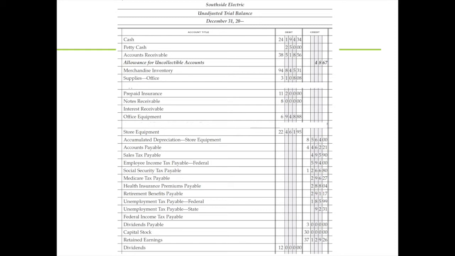Okay, our second one, according to the book, is store supplies. So we're going to put supplies for store. When we check that balance on page 431, we will see that it has a debit balance of $4,483.62.